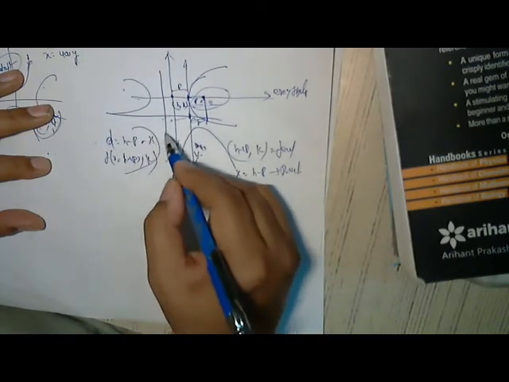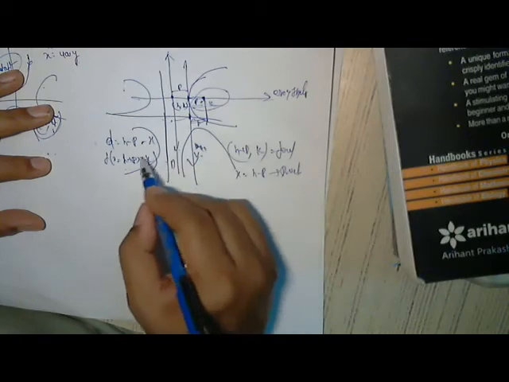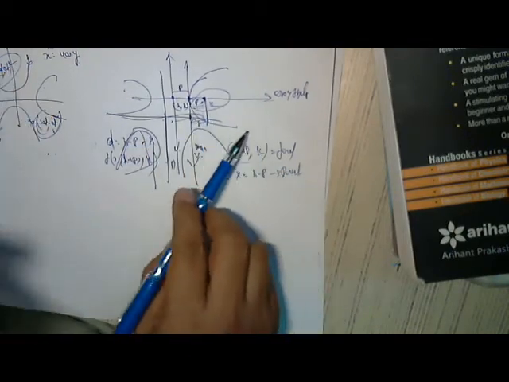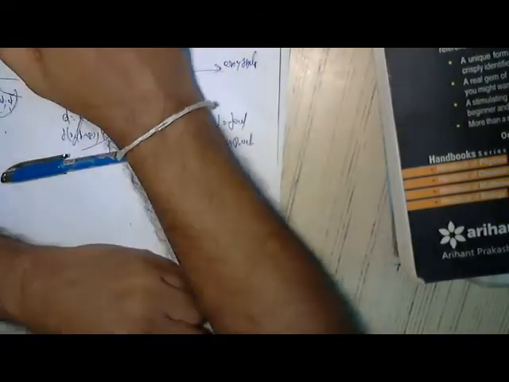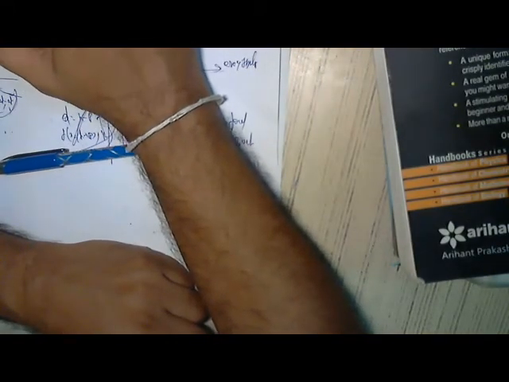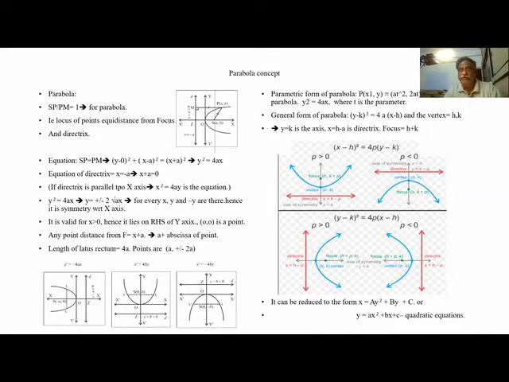So here the axis is not based on HK. Let us understand. So let us see here. I will take this one at random. If this is HK, it is on the minus side.